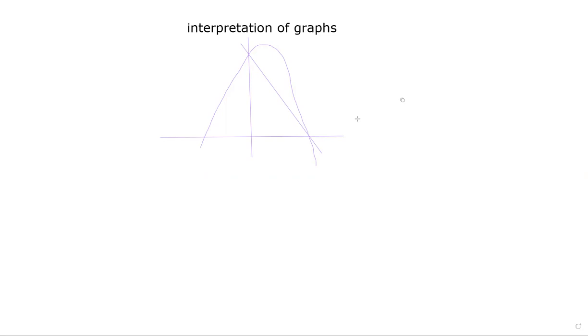You can realize that A on the parabola is negative, is less than 0. That's why the parabola is facing down. This one is a B here, and then this one is an A.